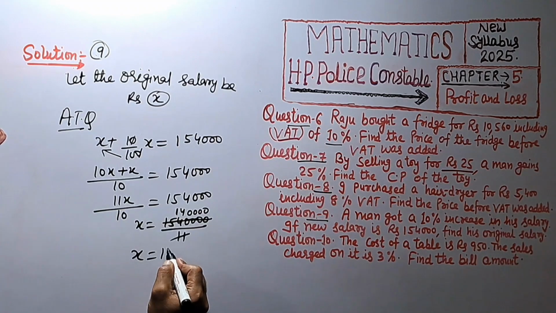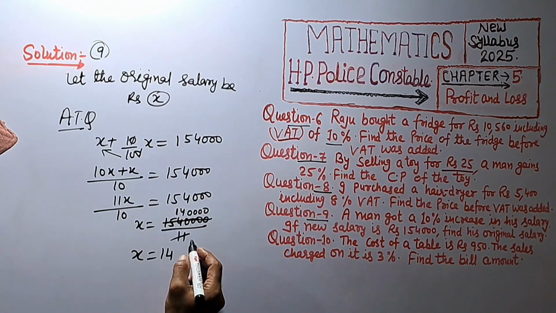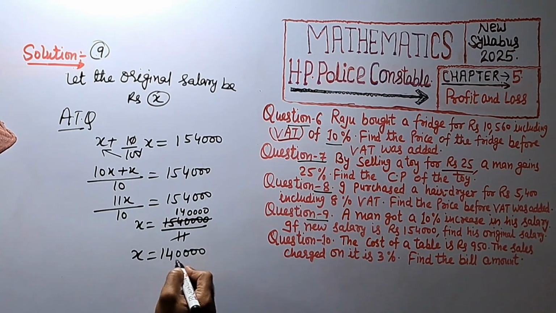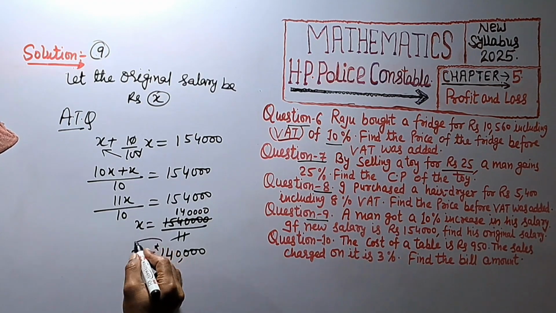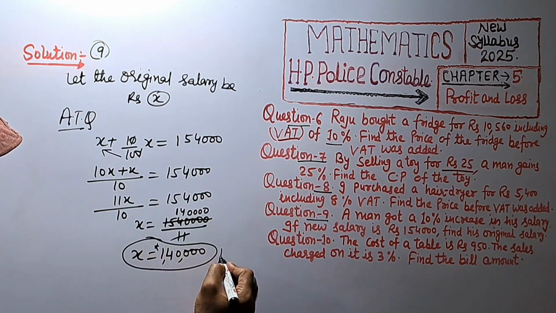So x is equal to 1,40,000 rupees. Answer.